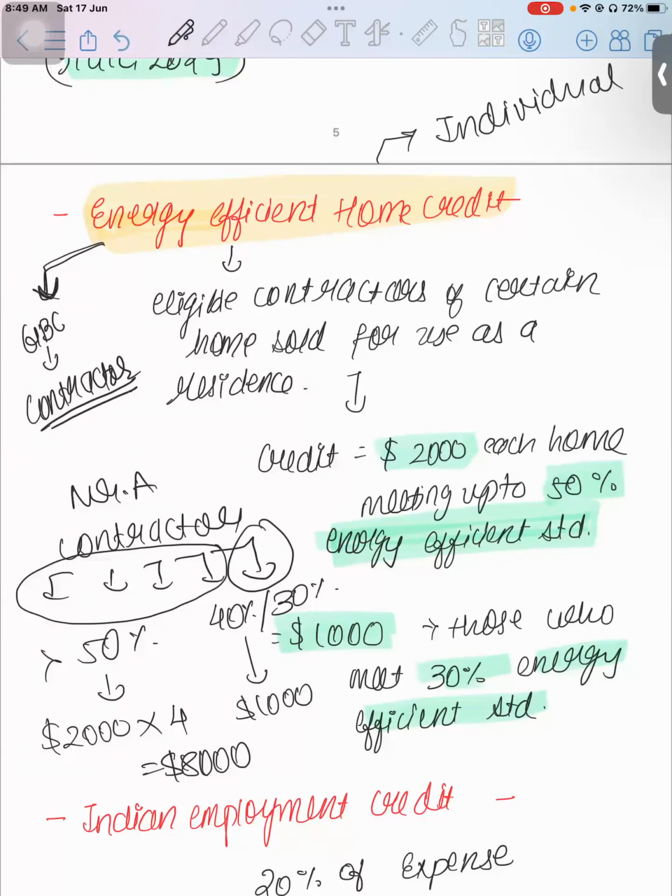And the person who is purchasing the energy efficient home, for them there is no credit. But if they are installing appliances which reduce the energy cost, like solar panels in their house, then for whatever is the cost, they'll get the whole credit.